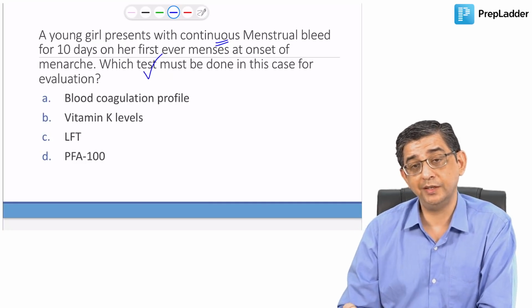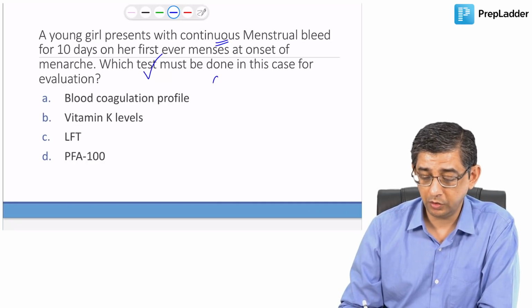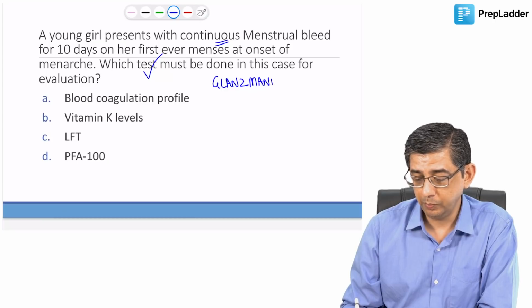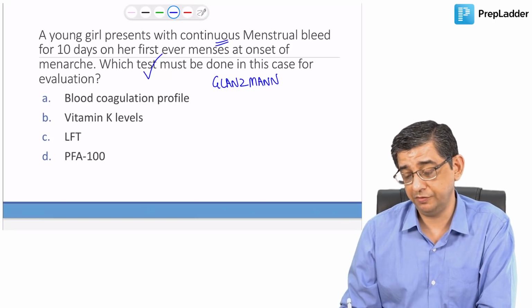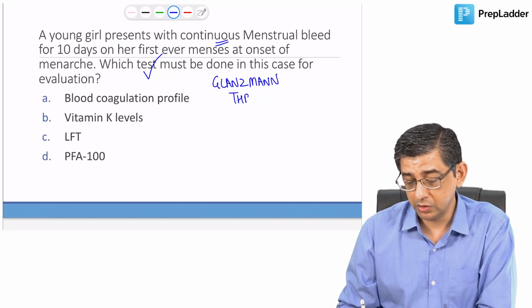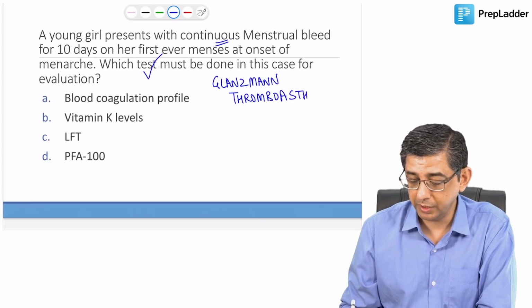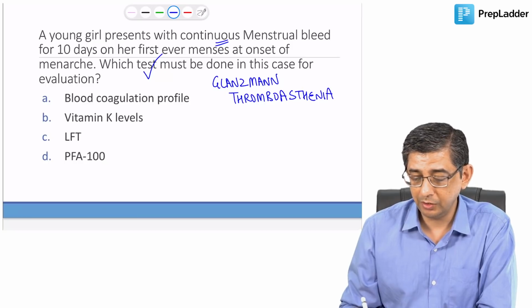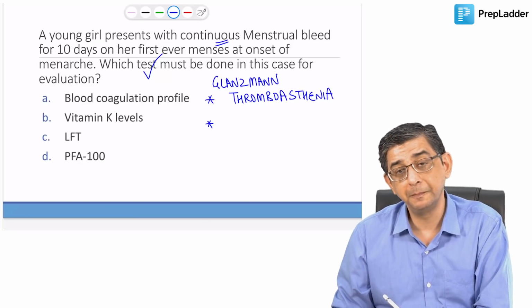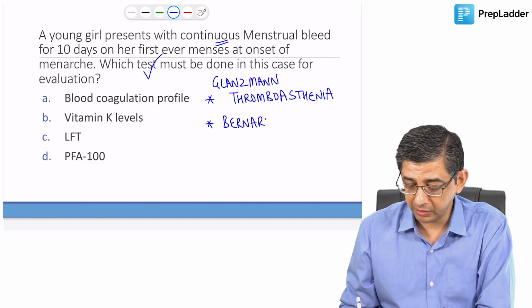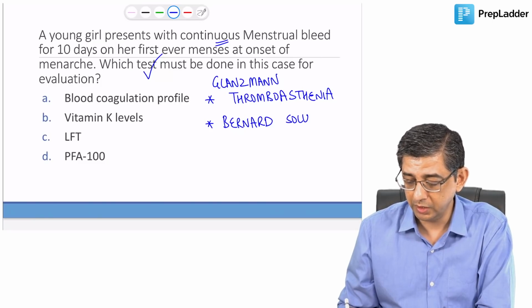I want to tell you the fact that this could either be a presentation of Glanzmann thrombasthenia, which is related to platelets. The platelet quality is defective, the platelet count is normal, but they are going to misbehave. As the name is asthenia, that means the platelet is not functioning properly, and therefore this could be the reason. The second differential diagnosis in my mind for this condition can be Bernard-Soulier syndrome.